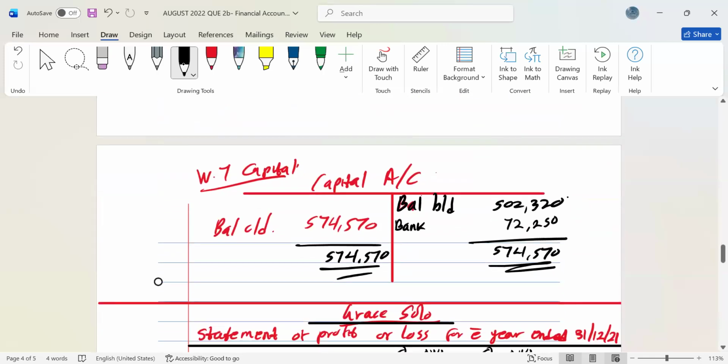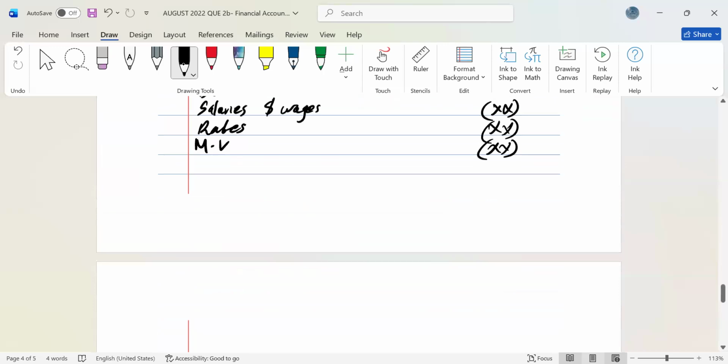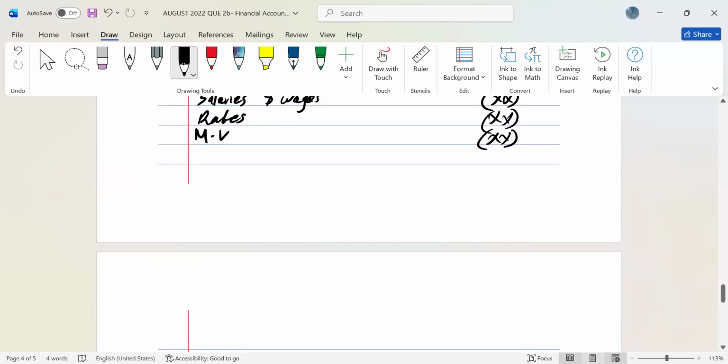Then we proceed. Another one, if there's any bank charge, it's also an expense. If there's any other expense, it can also be termed as other expenses or general expenses.